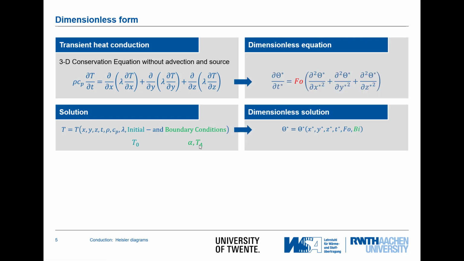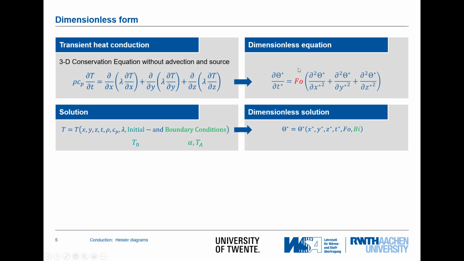Now we can transfer the equation and also the solution into a dimensionless form. In order to do that, we introduce the dimensionless variables and bring them all to one side, and we see that the equation itself is only dependent on the Fourier number. We have done that in more detail a few lectures before.